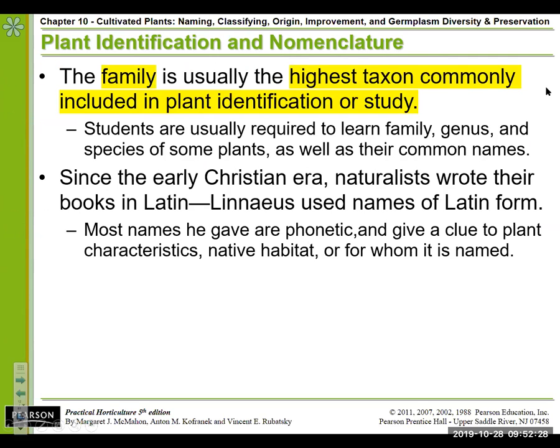Linnaeus had the idea, well, and actually Theophrastus did as well for the most part, but to use it in Latin. And in Linnaeus' time, Latin had already become a language that was no longer spoken. Of course, it's not spoken today, so the names are going to stay the same, basically.